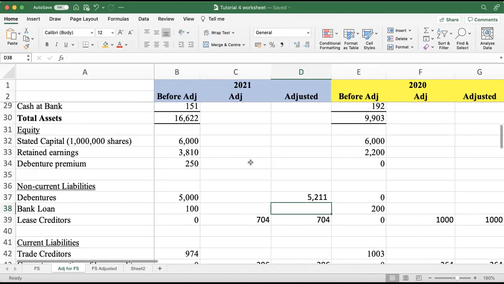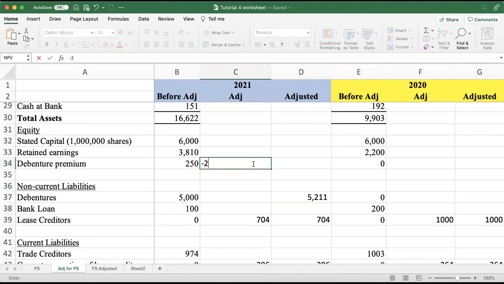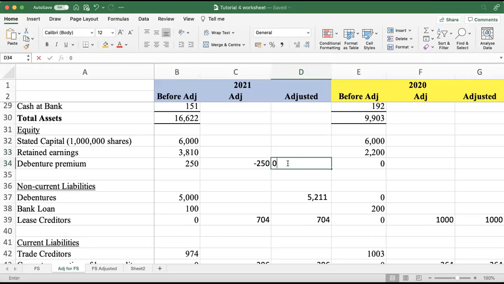So you have to remove the premium. Then adjusted value 0. You have to remove the debenture premium because you record the debenture at amortized cost.